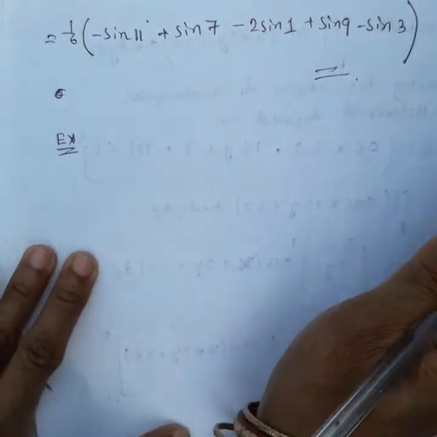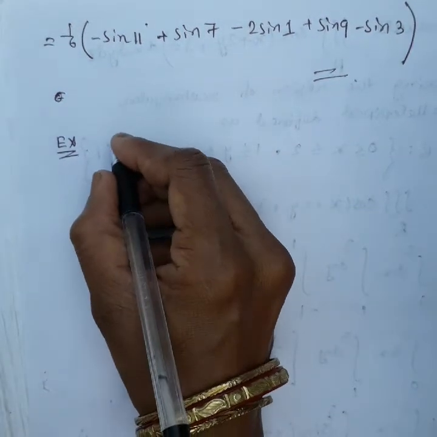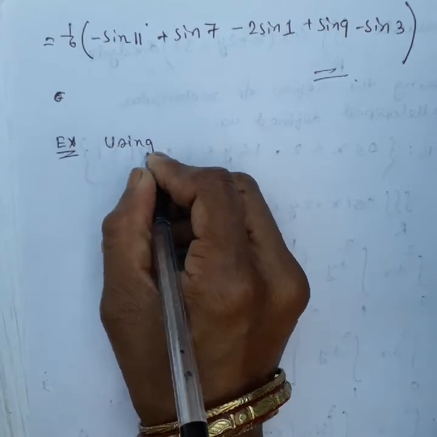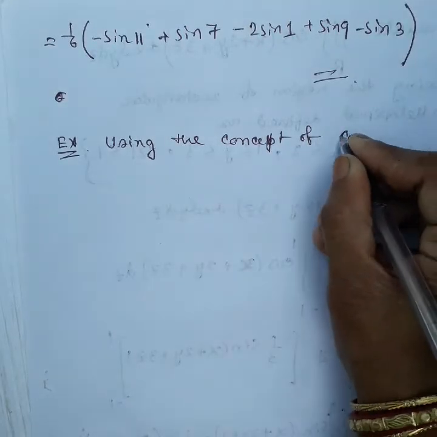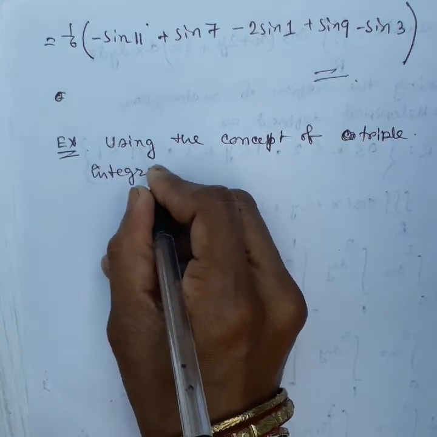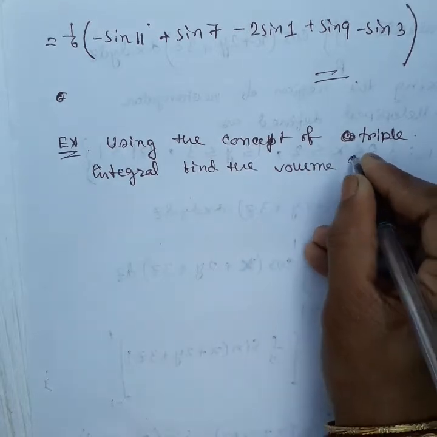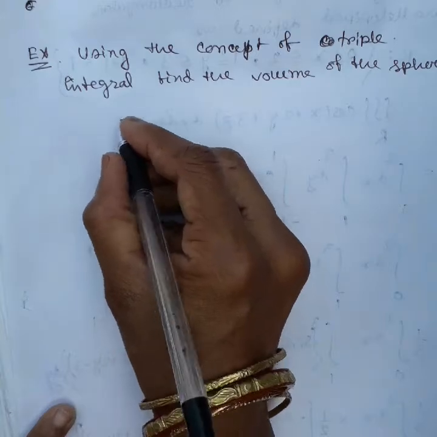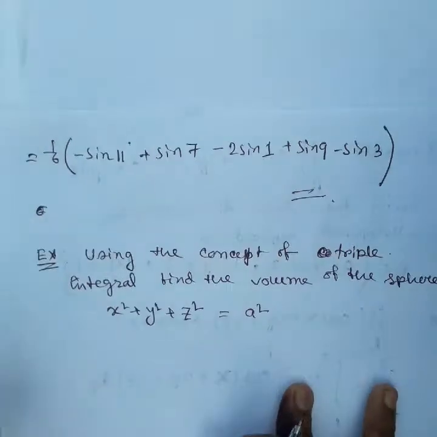So in our next example, the sphere is the region of integration. Using the concept of triple integrals, find the volume of the sphere x square plus y square plus z square equals a square.